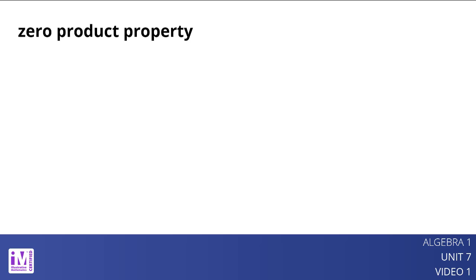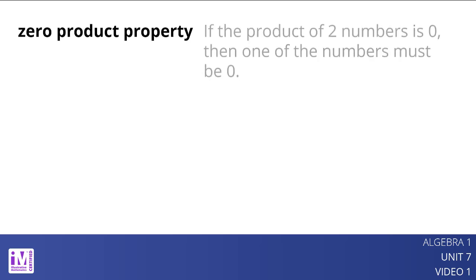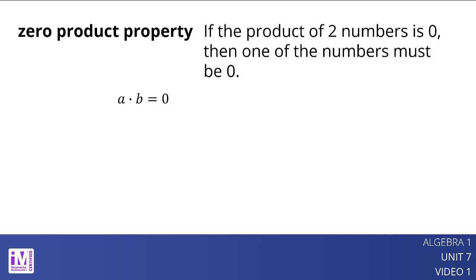The zero product property says that if the product of two numbers is 0, then one of the numbers must be 0. In other words, if a times b equals 0, then either a equals 0 or b equals 0. This property is handy when an equation we want to solve states that the product of two factors is 0.